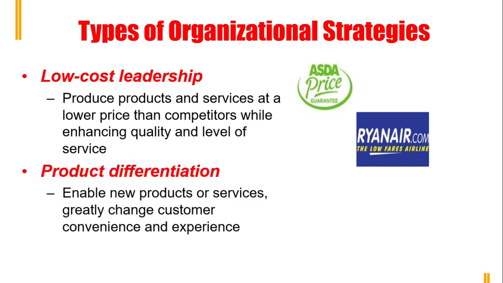Product differentiation. So what is differentiation? Frankly, you keep the core pipeline of a product or service, the same operations, but the physical appearance or the final touch is a bit different.